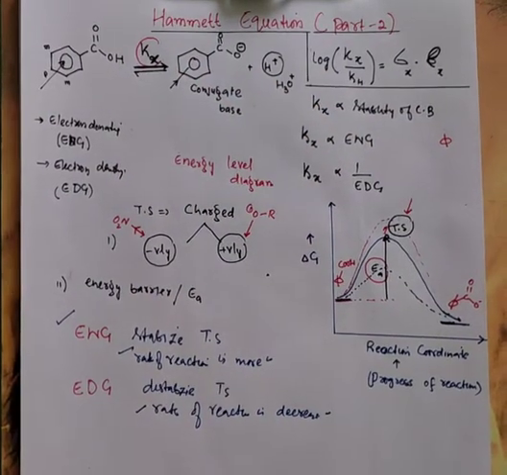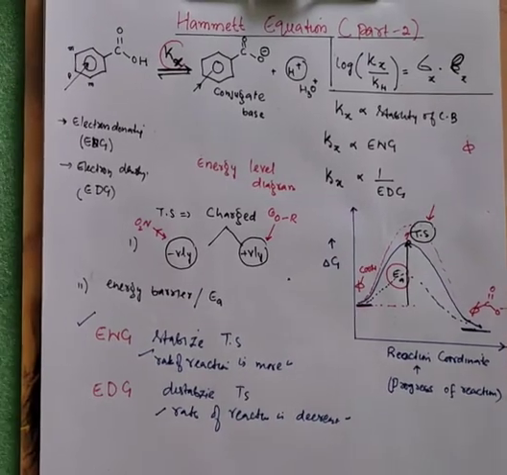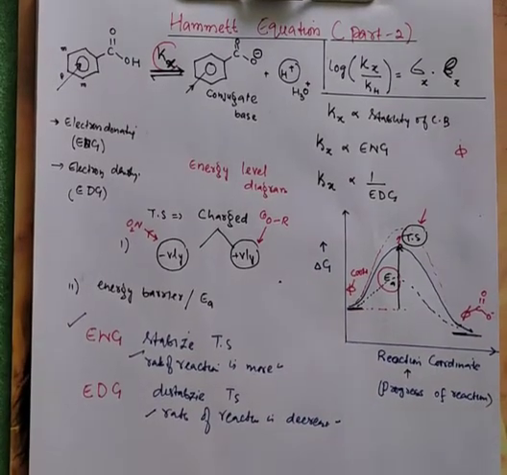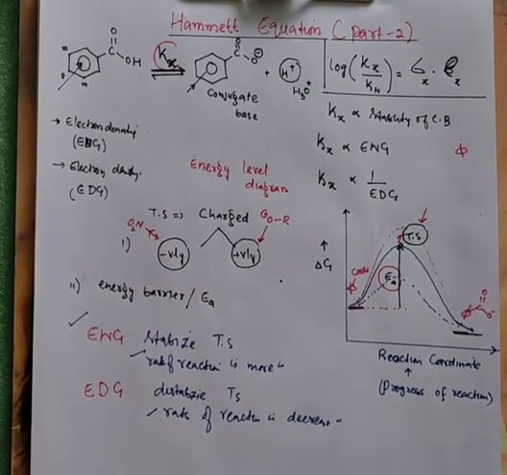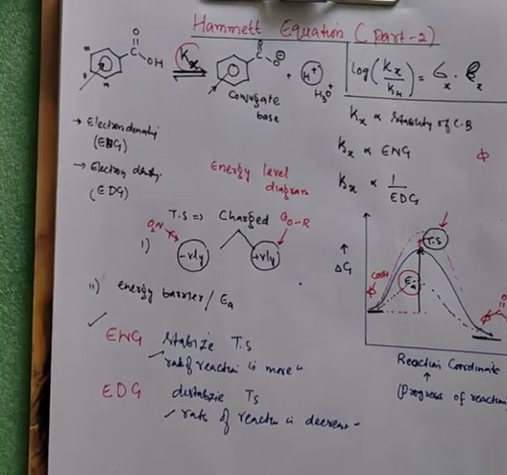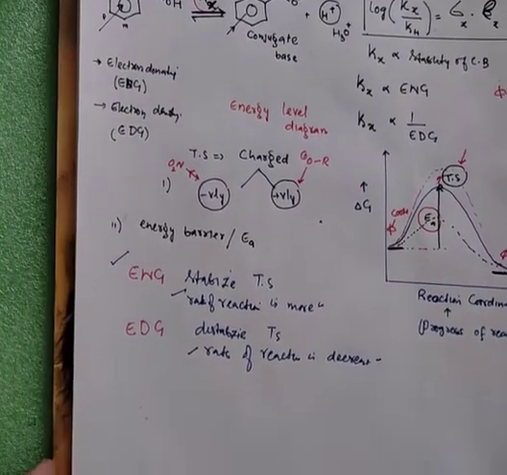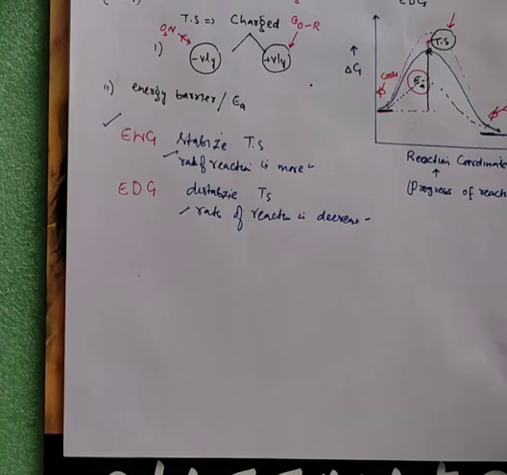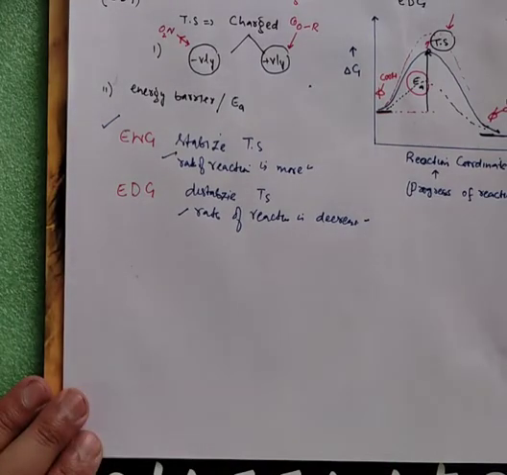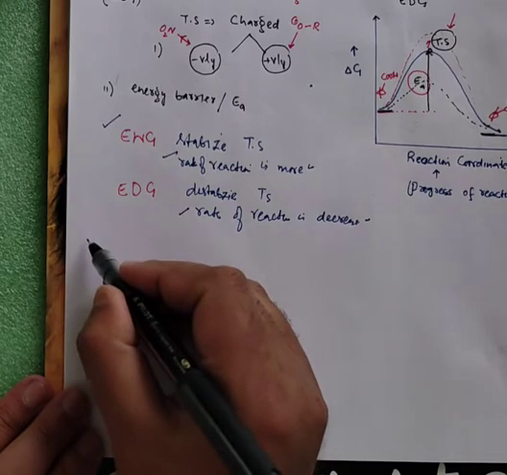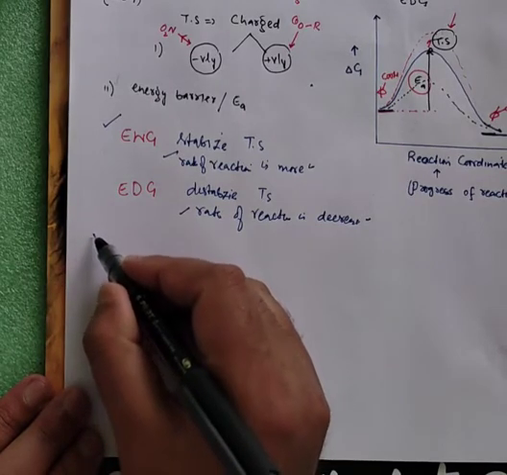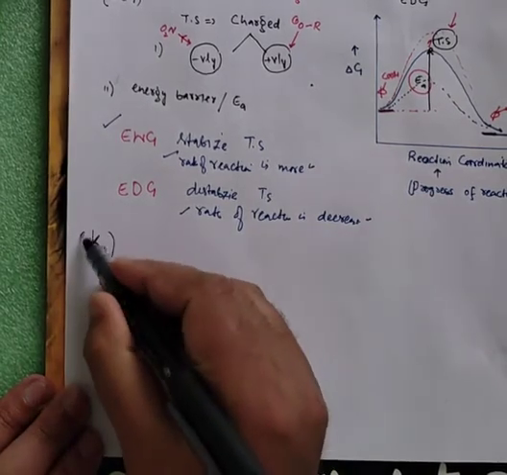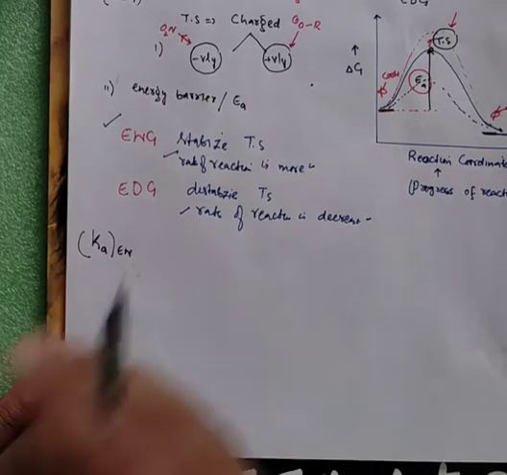So we'll write the rate constant for electron withdrawing groups, Ka, the dissociation constant for electron withdrawing groups.